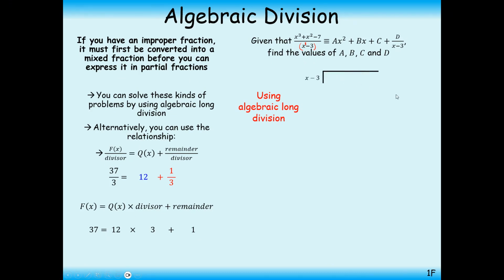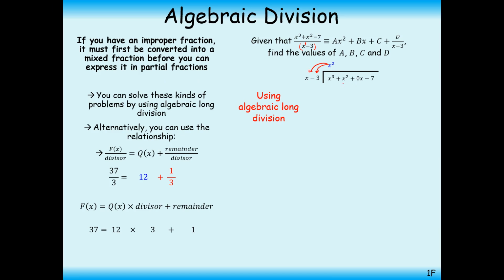Algebraic long division involves writing the denominator on the left side and putting the rest on the right side. So you ask yourself, what needs to be multiplied by x to the power of 1 to give us x cubed? The answer is x squared. So we put it there and we multiply it out. We multiply out x squared by each of these terms separately.